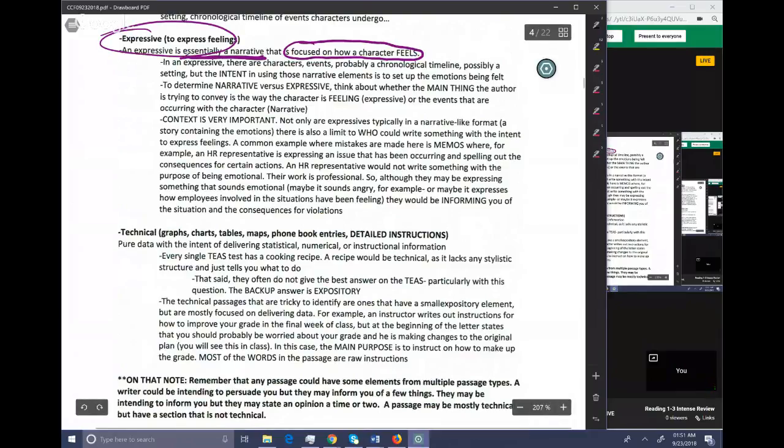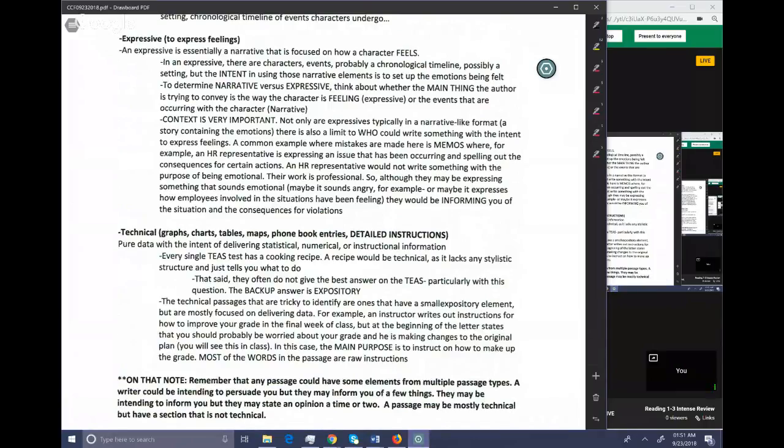Expressive passages are rare. They are very rare. You would literally not find more than one on a single test, and there would be many tests that would go by that would not have an expressive. I cannot remember the last time I answered expressive on one of my tests, so they are very rare. In order to answer expressive, you would have to be very certain.